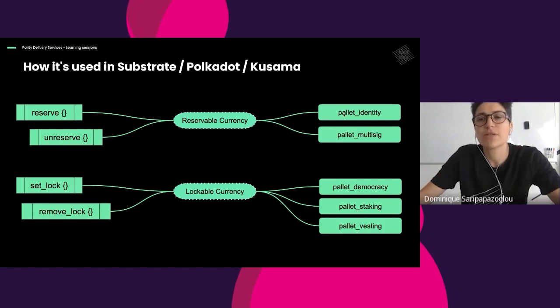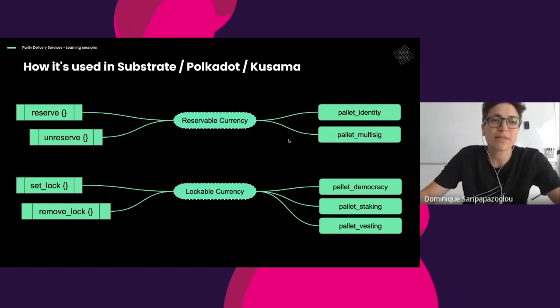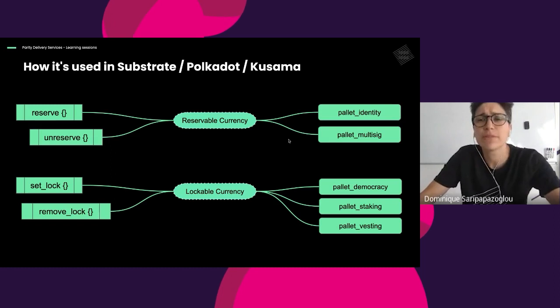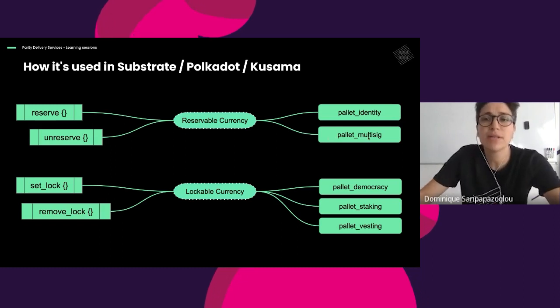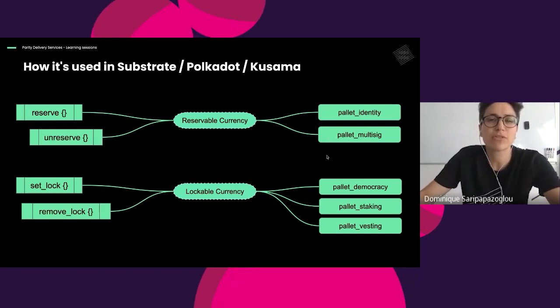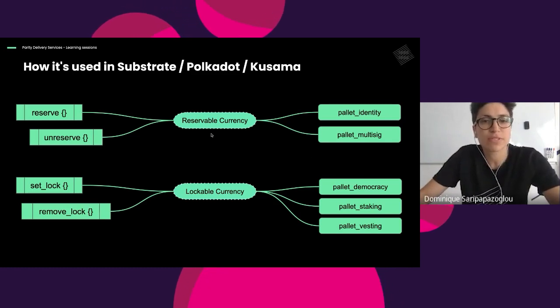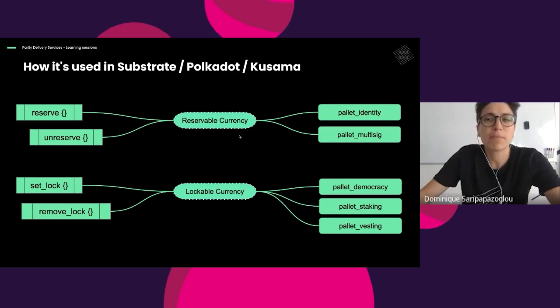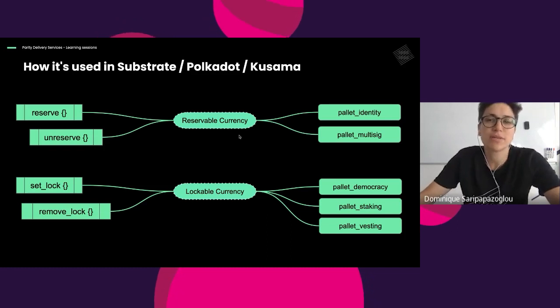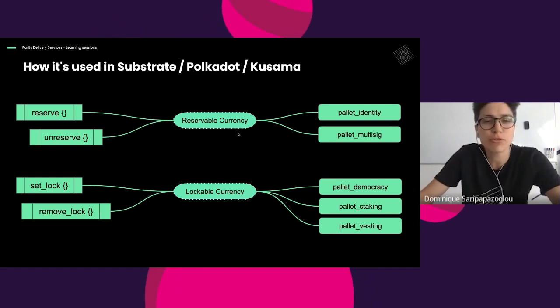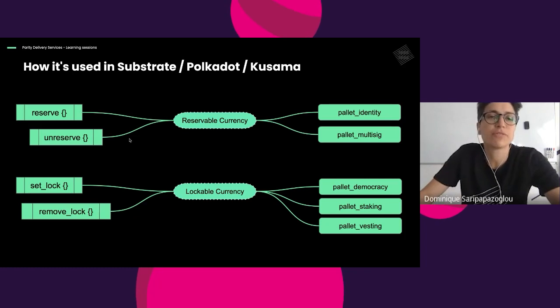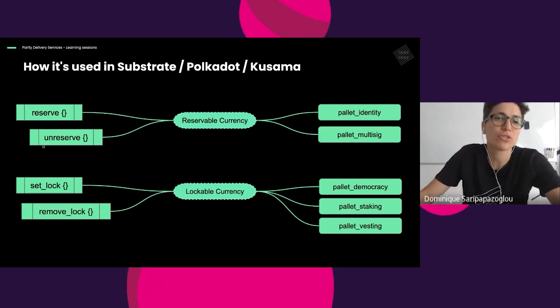It's used in identity and multisig. In pallet multisig, when we execute a multisig transaction, we reserve some funds first, and then as soon as the multisig transaction is approved and executed, these funds are unreserved. So the unreserve call function is used.